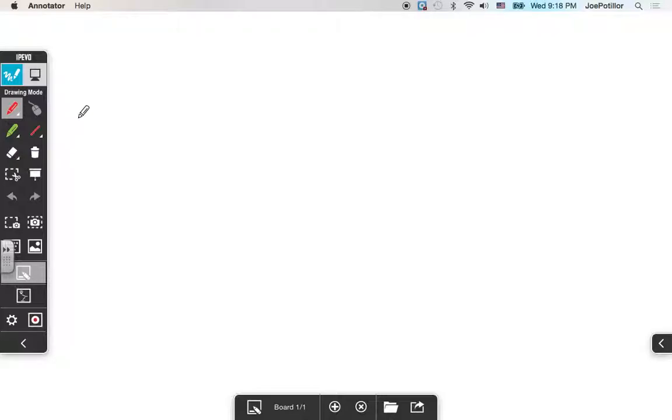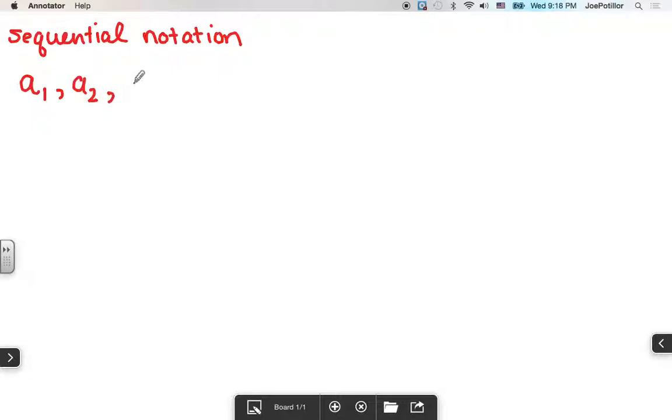So the first thing let's talk about is sequence notation. How do we denote a sequence? We normally use the letter A: we have A sub 1 for the first term, A sub 2 for the second term, A sub 3 for the third term, all the way to A sub n.